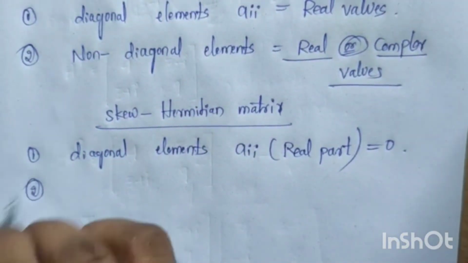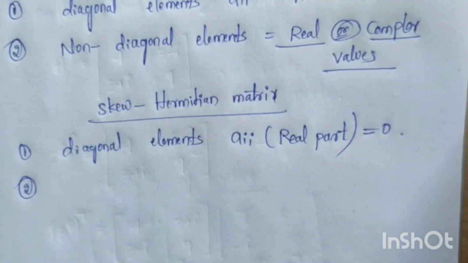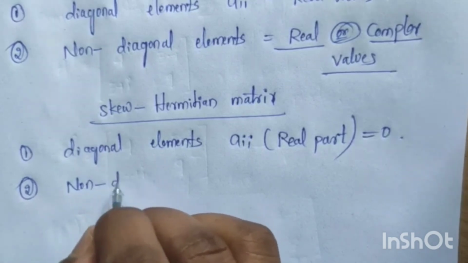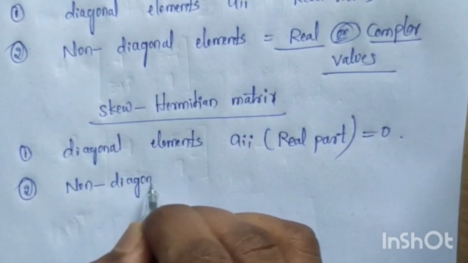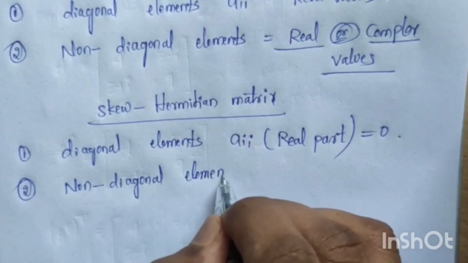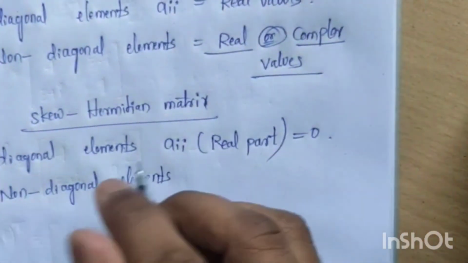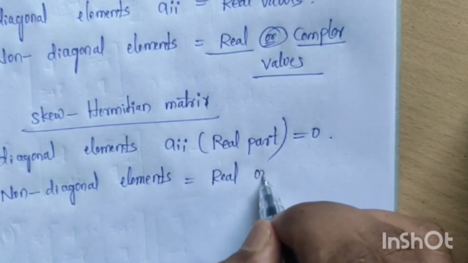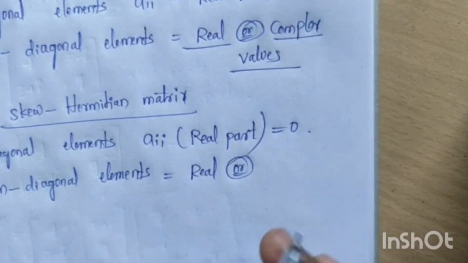The second note: non-diagonal elements are real or complex values.